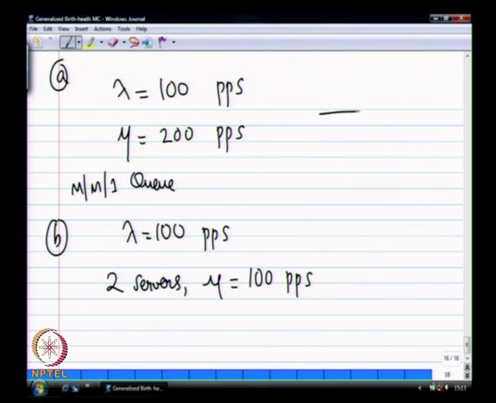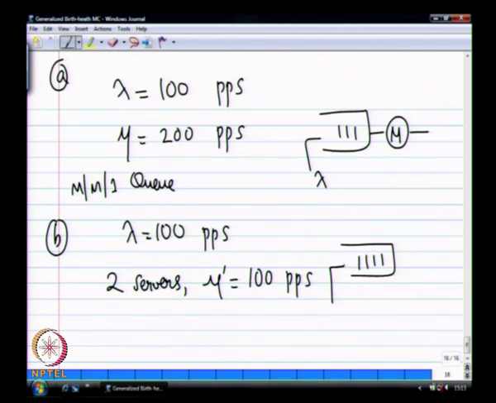Pictorially we have this: this is lambda, and mu, well I should probably say mu dash, to differentiate these. So this becomes your M/M/2 system.